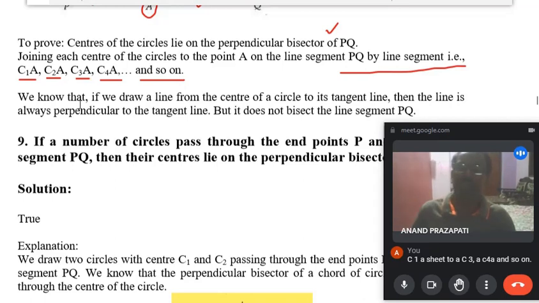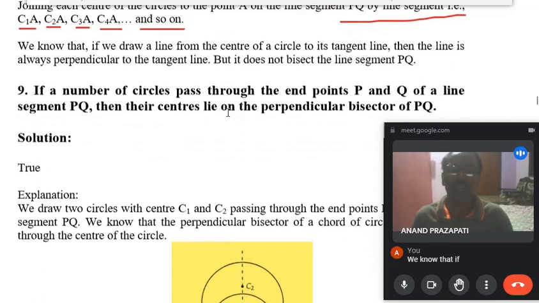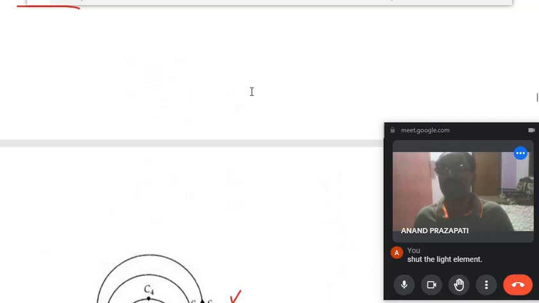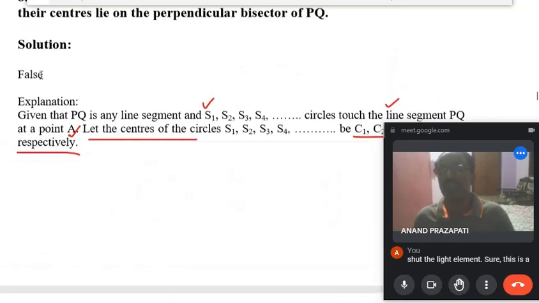We know that if we draw a line from the center of a circle to its tangent line, then the line is always perpendicular to the tangent line, but it does not bisect the line segment. So this is a false statement.